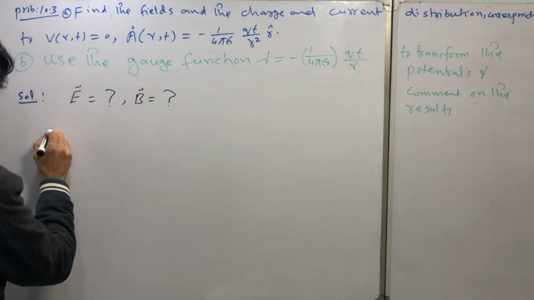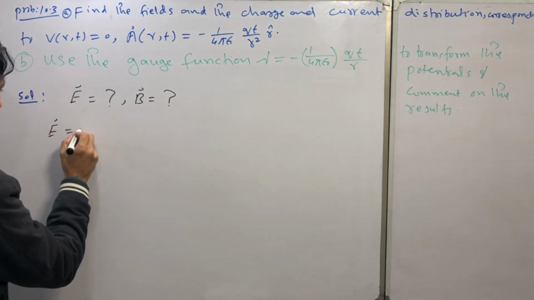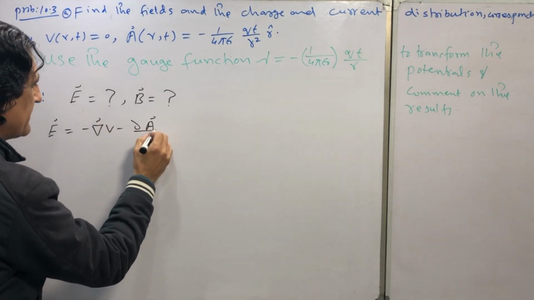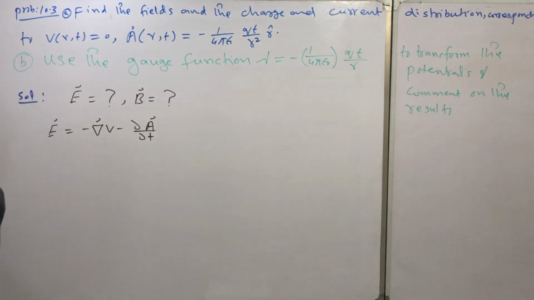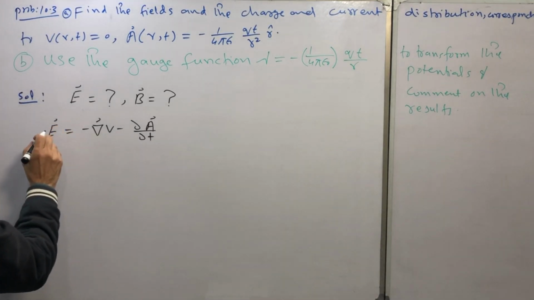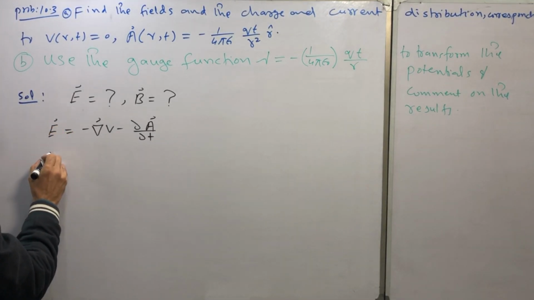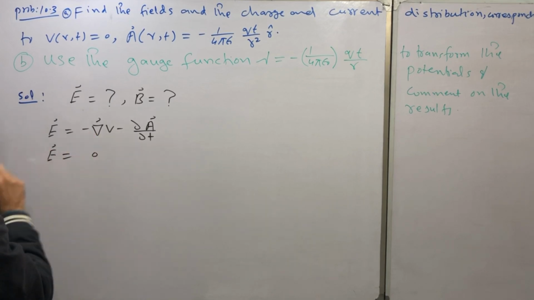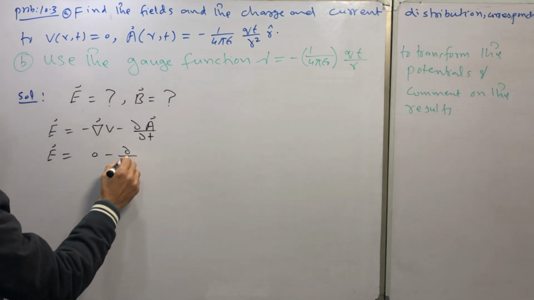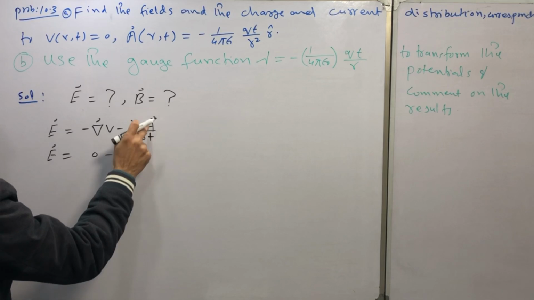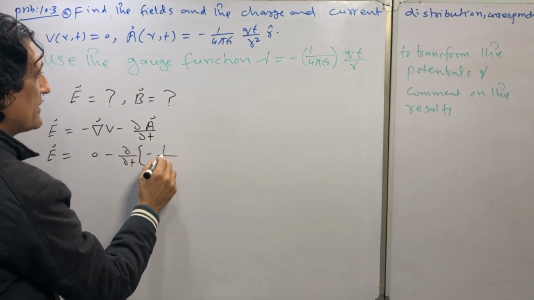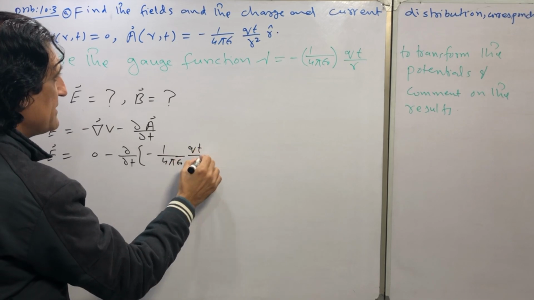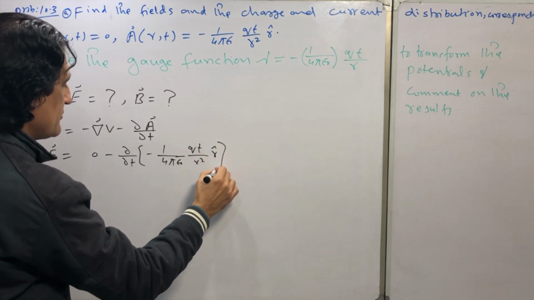We know the electric field is minus del V minus partial A divided by partial T. And here V is equal to 0, so this term is equal to 0 minus partial divided by partial T of A, which is minus 1 over 4 pi epsilon naught Q T divided by R square, R hat being a unit vector.